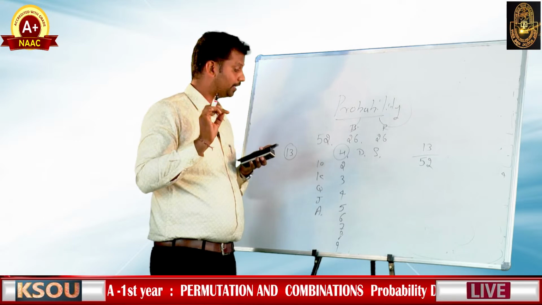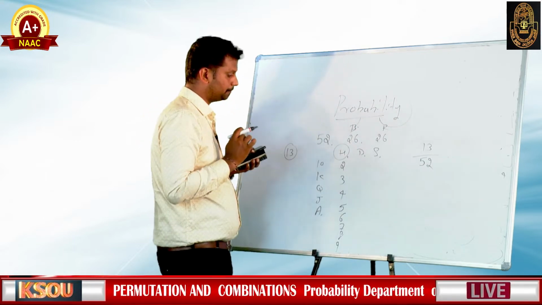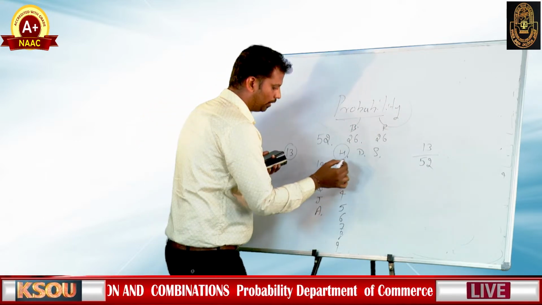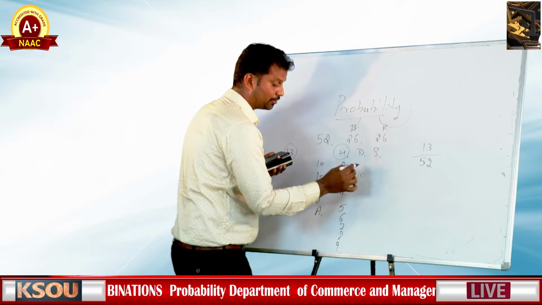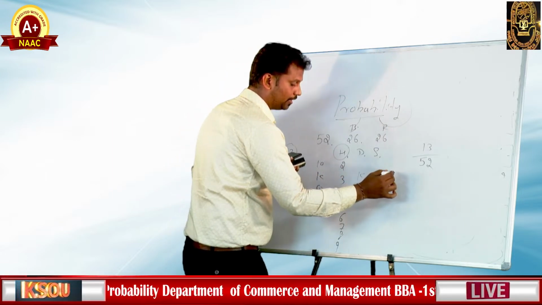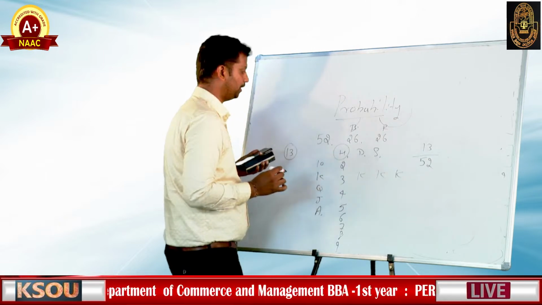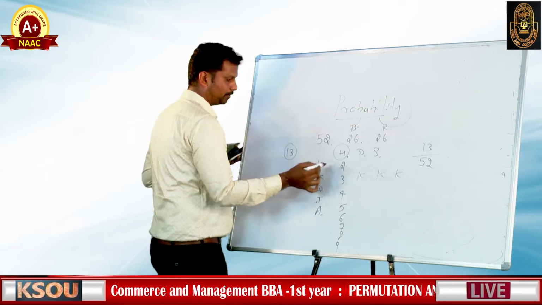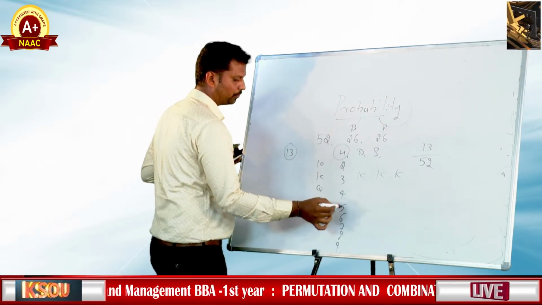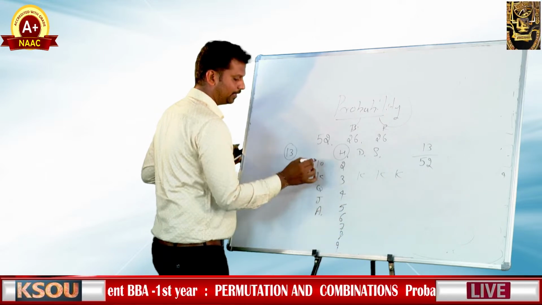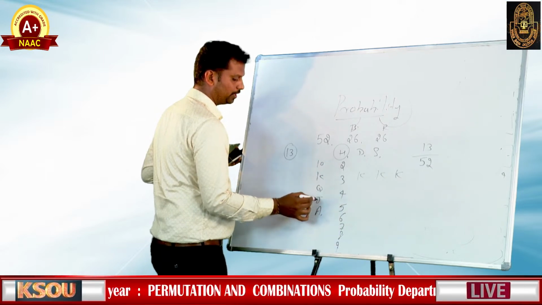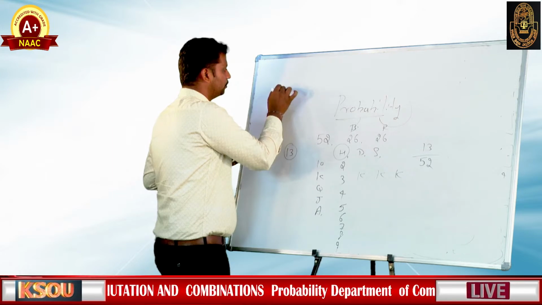Okay. In the second, what is the probability of king? So king here: one king from heart, then diamond also king, then spade also king, then another one also king. So 2, 3, 4, 5, 6, 7, 8, 9, 10, K, Q, J, A, all are 4 cards.